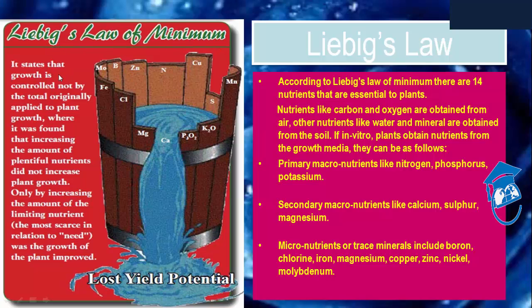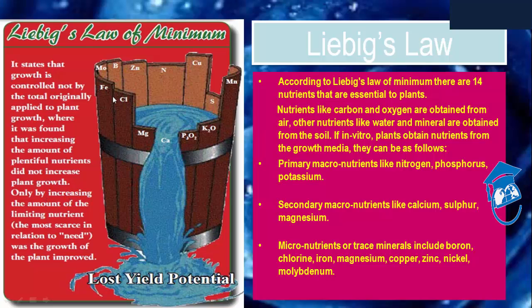It states that growth is controlled not by the total amount of resources originally applied to the plant, where it was found that increasing the amount of plentiful nutrients did not increase plant growth.